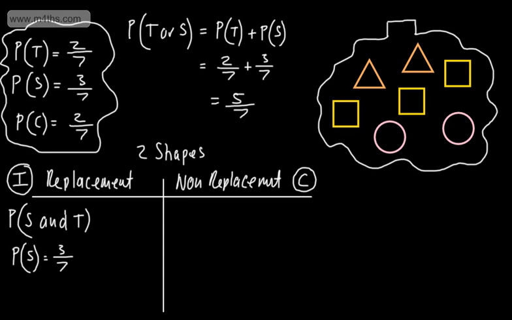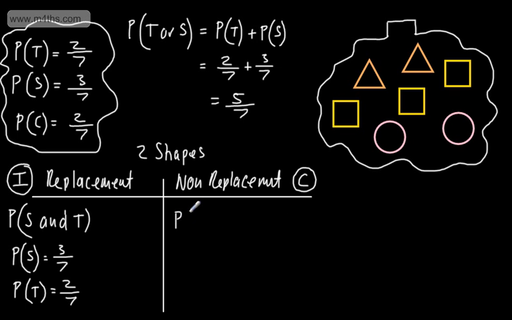The second event is going to be the probability of a triangle, and we can see now in the bag there are going to be 2 triangles out of 7. So by replacing the first shape, I've now got independent events. The probability of the triangle has not changed as a result of the outcome of the first event.